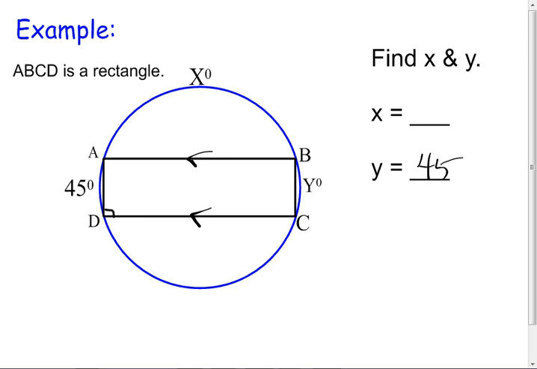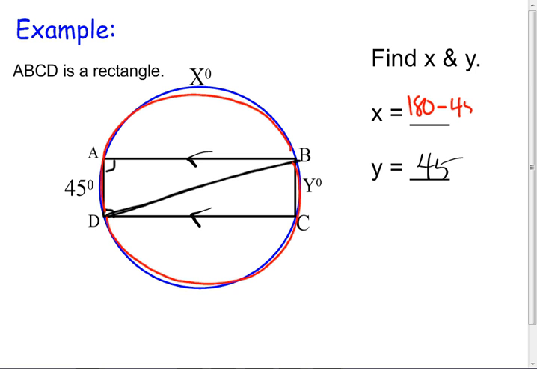So if I draw from D to B, it's a special chord. How many degrees in this arc? How many degrees in that arc, Cole? 180. How many degrees in this arc? 180. So x is 180 minus 45, or 135. Well, I'm not trusting you guys.